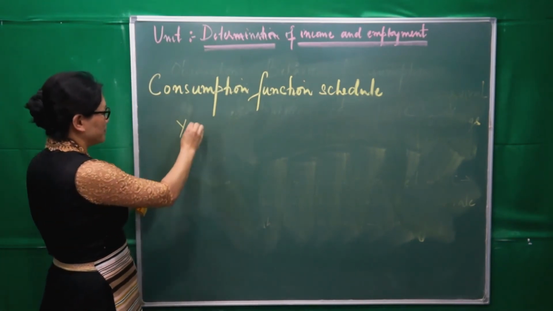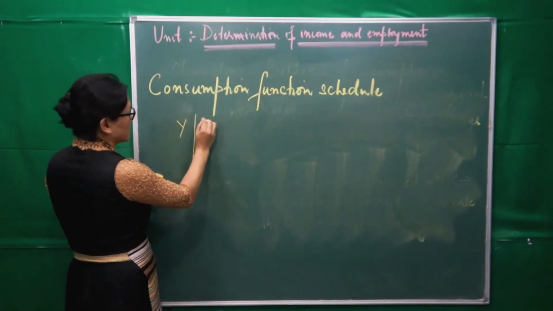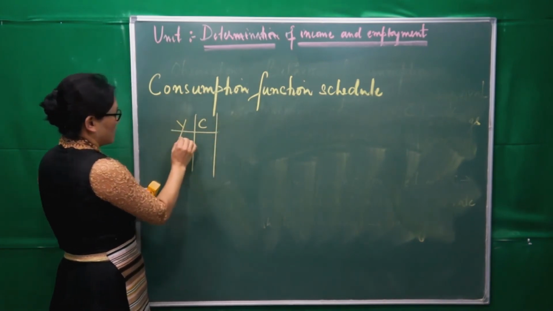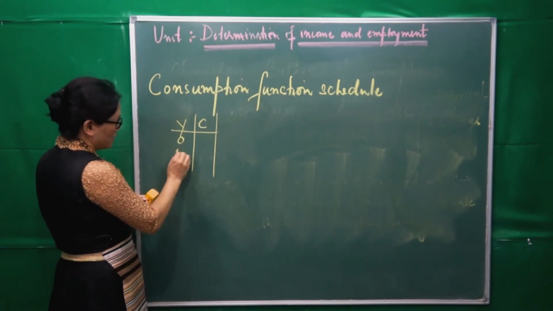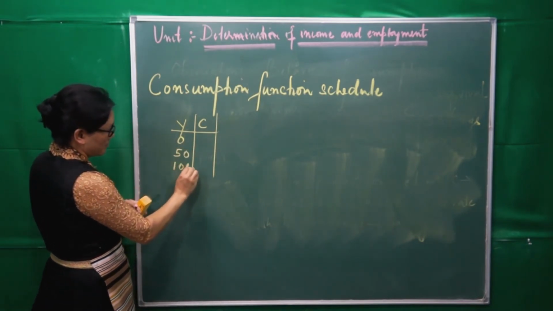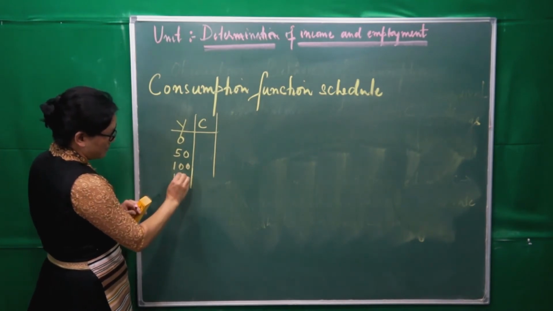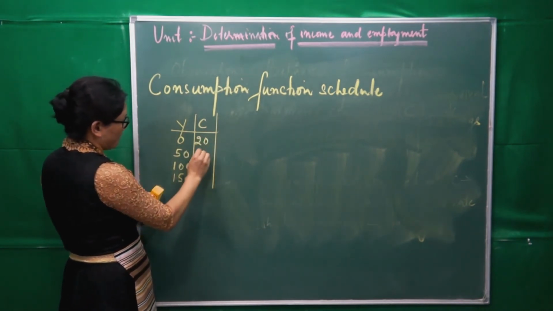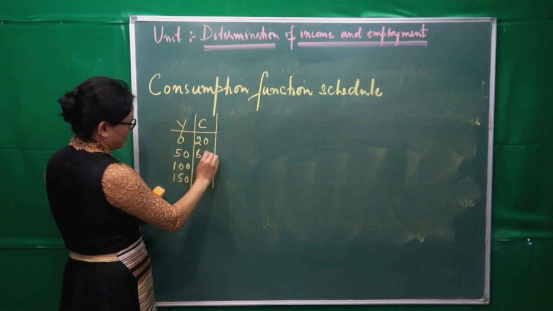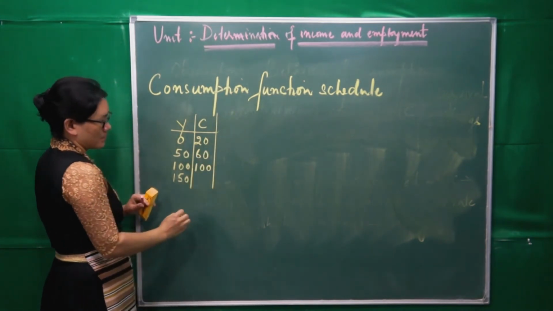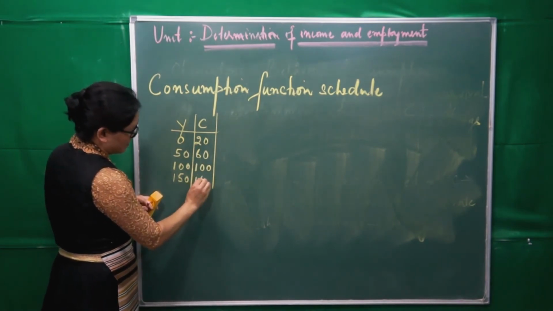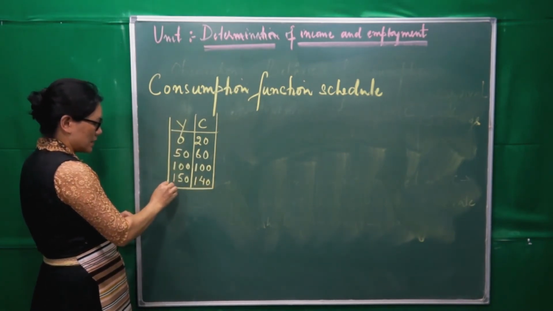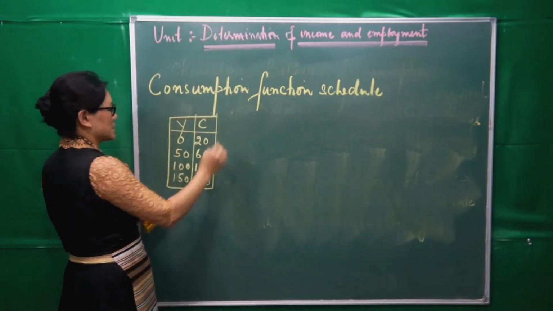This is Y, income, and C, consumption. Zero, hundred, and then a very simple consumption schedule here.